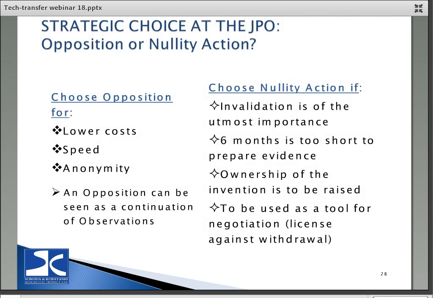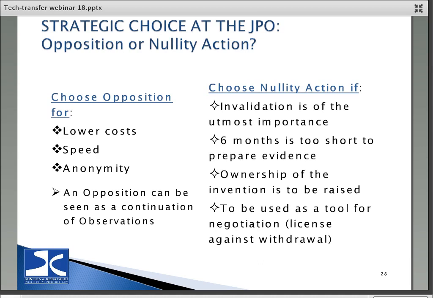Some words about the strategic choice at the JPO between opposition and nullity actions. So given all the limitations and the characteristics of oppositions and nullity actions, we believe that the opposition is advantageous if the interest is to lower the cost and to speed up, because you can get the conclusion within 6 months.